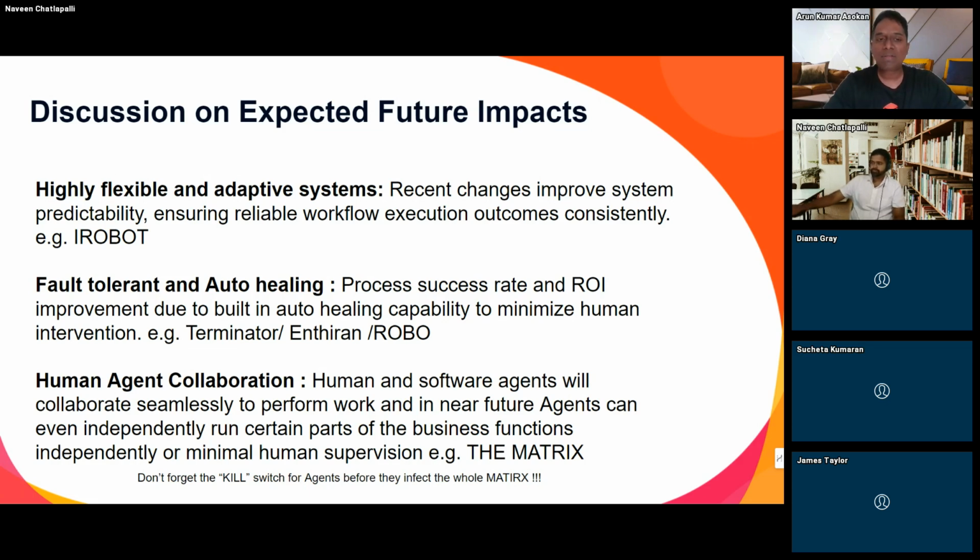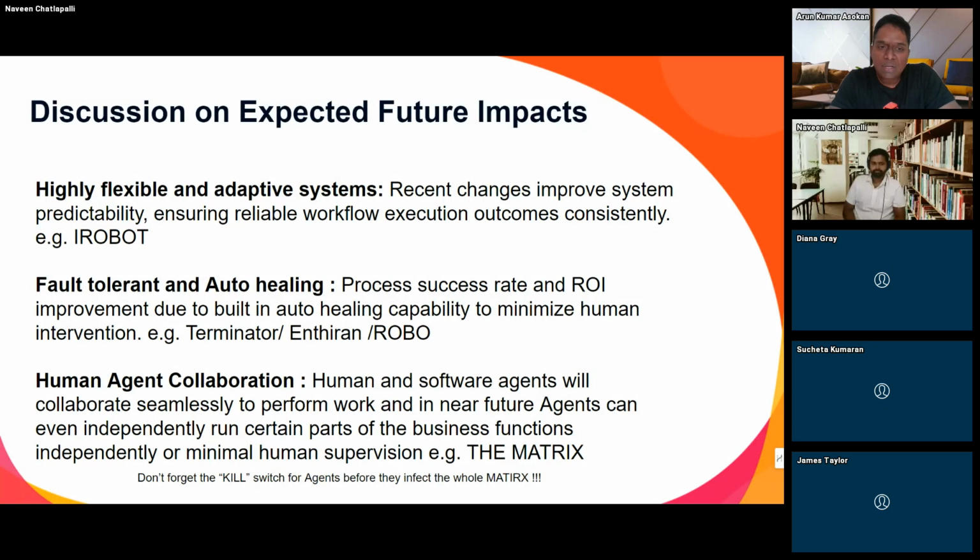Those capabilities are going to be built into these agents, which is going to make the process auto-heal and more fault tolerant. Agents can repair themselves, and they can fix other agents and work together to build a better workflow.